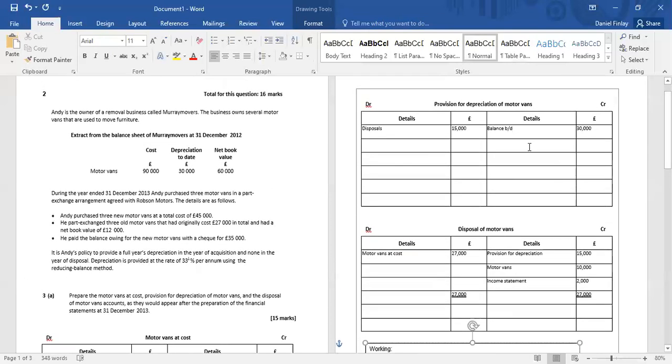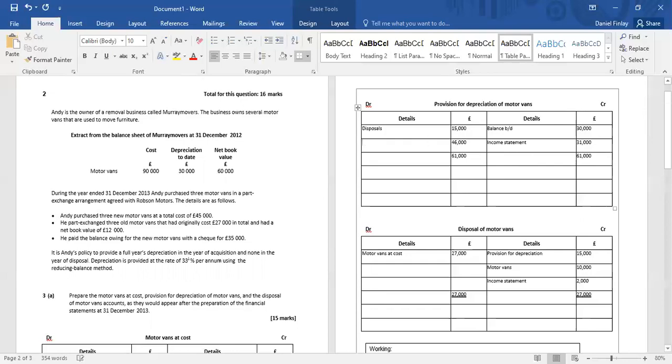So that means it's going to reduce the asset even more. So it's going to go on the credit side, and it's going to be because of the income statement. So we said it was 31,000. Now I can balance it. So this side gives me 61,000. So this side should give me 61,000. So that means the difference there, 61 take away 15, is 46,000.